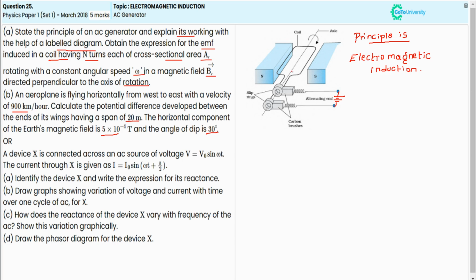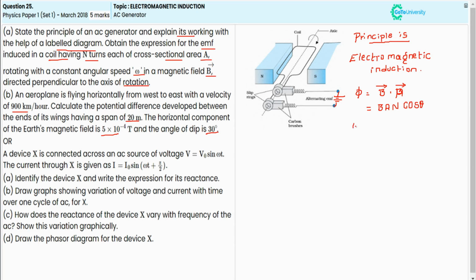Then we see the expression for the EMF. Before that we need to know the flux. Flux phi is the dot product of vector B and vector A, which is equal to B A N cos theta, where N is the number of turns of the coil.